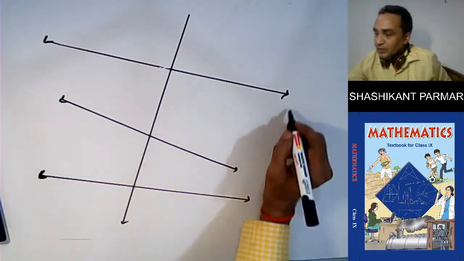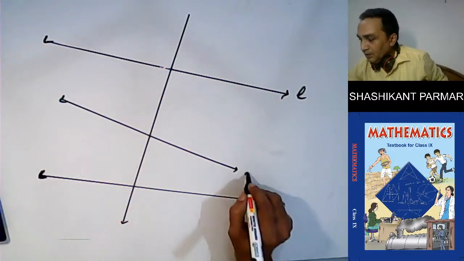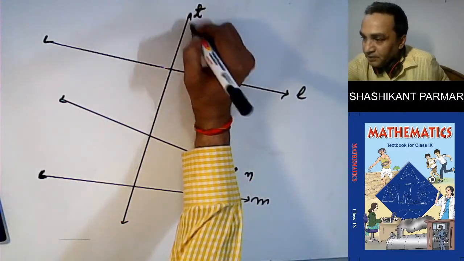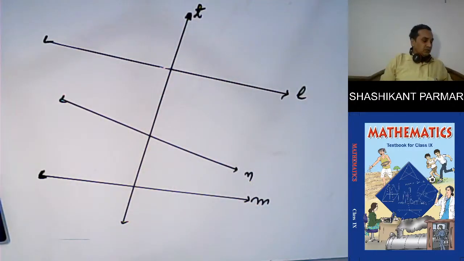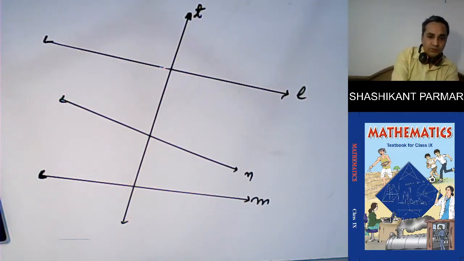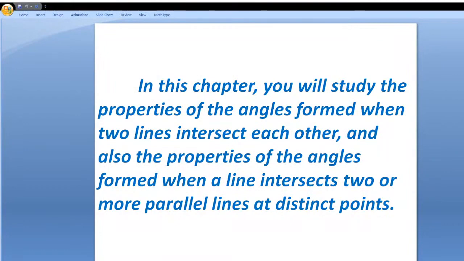Okay, L, M, N and T. So, what will you study in this chapter? Properties of the angles formed when a line intersects two or more parallel lines at distinct points.